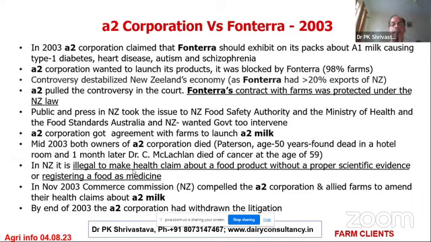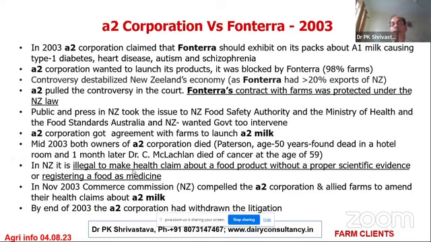So all these diseases, diabetes type 1, heart disease, autism, schizophrenia, etc., will not happen if you take A2 milk. In 2003, the Commerce Commission of New Zealand compelled A2 Corporation and allied firms to amend their health claims, and by end of 2003, A2 Corporation had withdrawn the litigation.